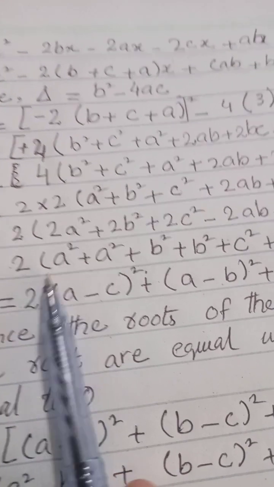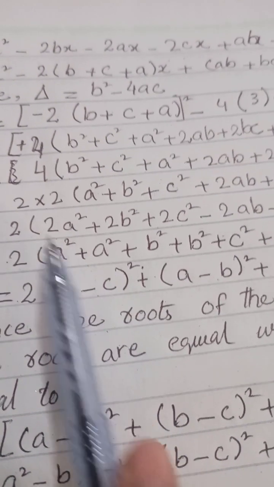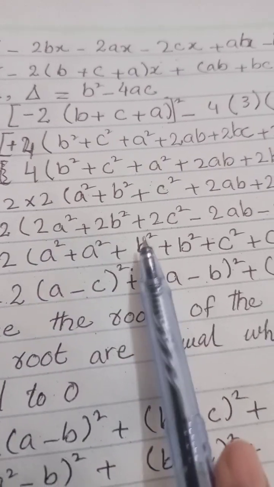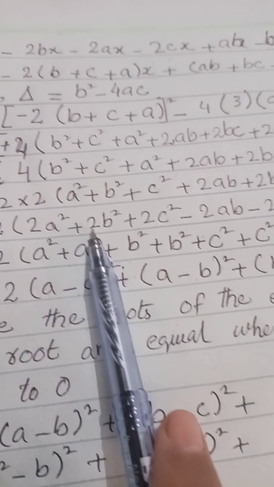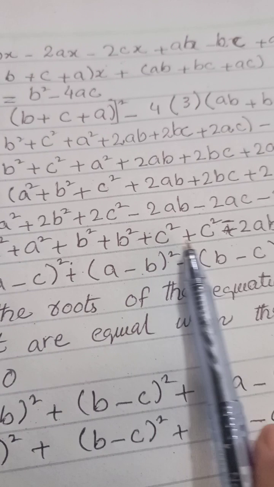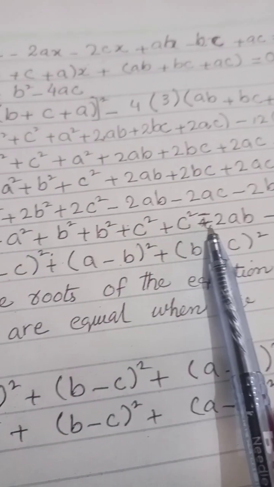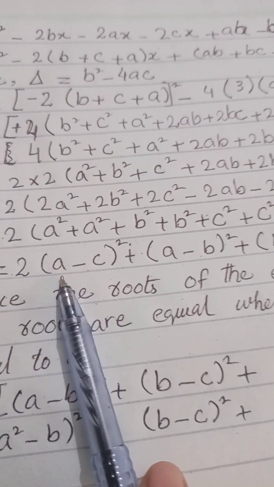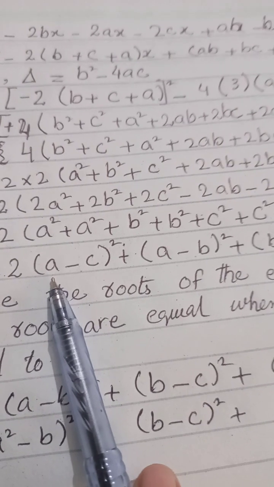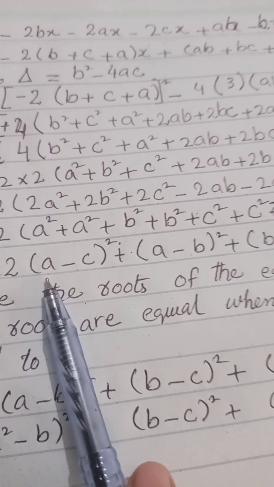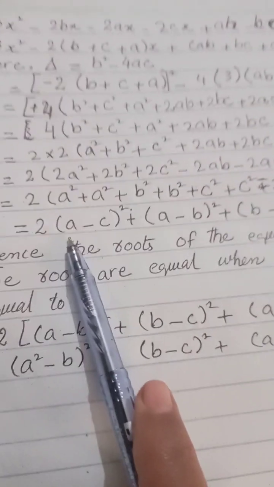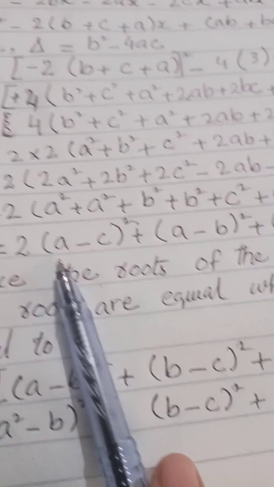Now a square plus a square is equal to 2a square, and b square plus b square equal to 2b square and c square plus c square equal to 2c square. Now we close this in a bracket. We know the formula of a square plus 2ab plus b square or a square minus 2ab plus b square.